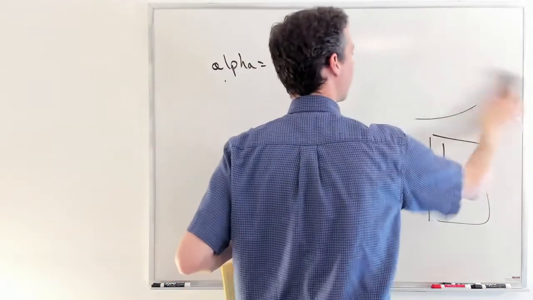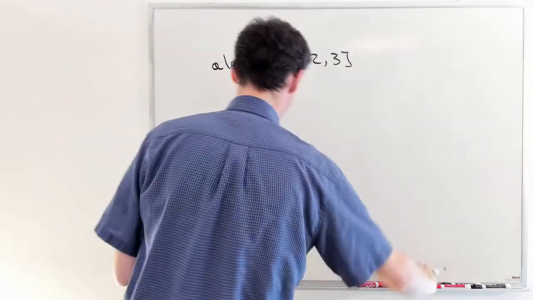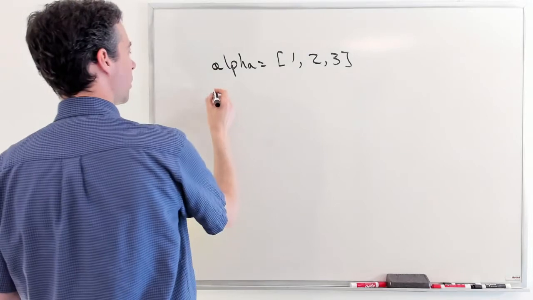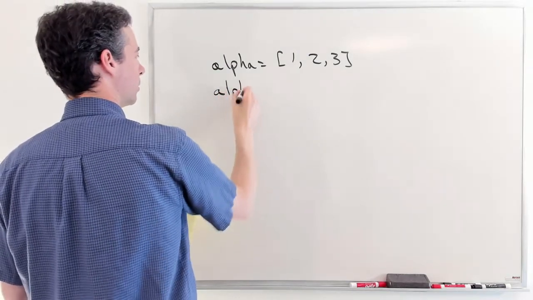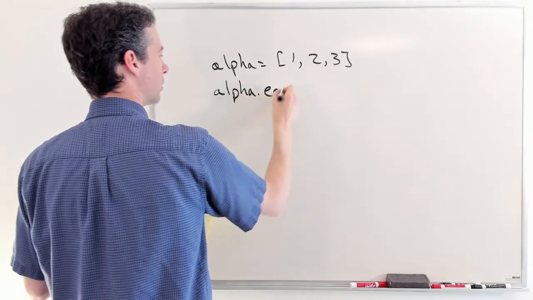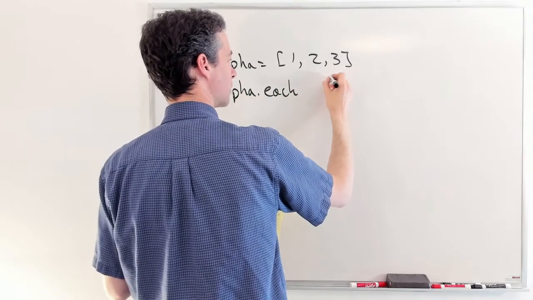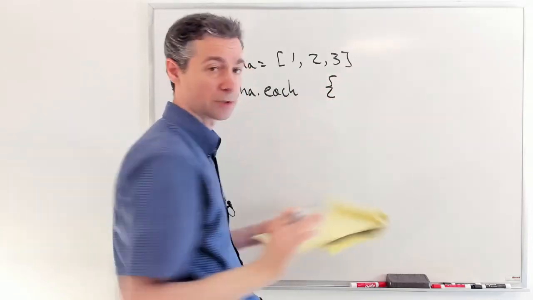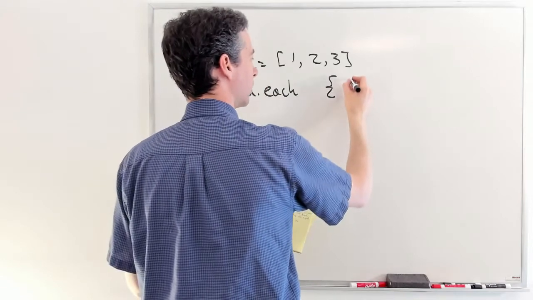Now, there's another way you can write this. We can take our alpha array and put it all on one line, and sometimes it's convenient to do that. We do alpha.each, and now we use curly braces. This is why we don't use curly braces elsewhere in Ruby, like the way we use them all over the place in Java.